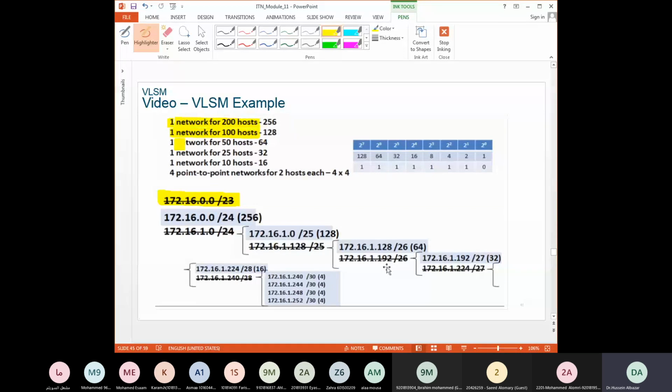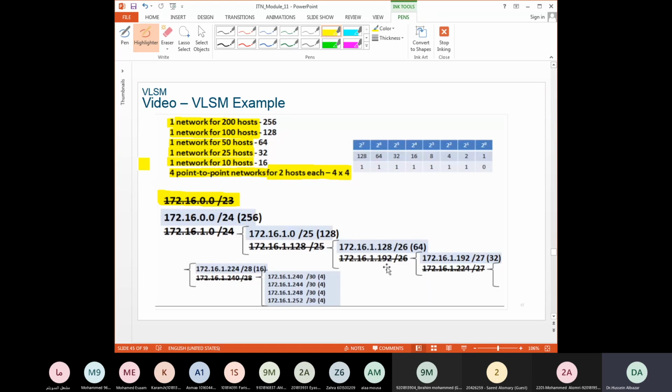Another network is needed for 50 hosts. One more network is needed for 25 hosts. One more network is needed for 10 hosts, and 4 point-to-point networks, one-to-one, router with a router for example, with 2 hosts needed for each point-to-point.